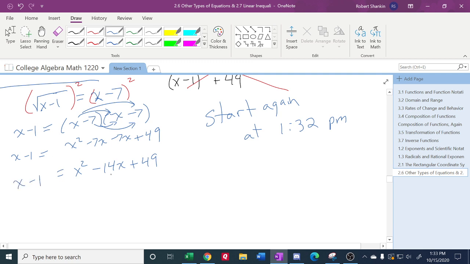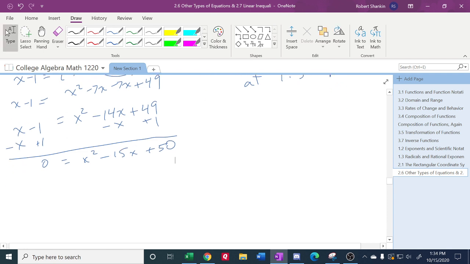Now this is a quadratic. With quadratics, we get equal to 0. So we move these numbers over to the right. Now, if the size of these numbers is intimidating you and you don't want to factor it, that's fine. We can just use the quadratic formula.